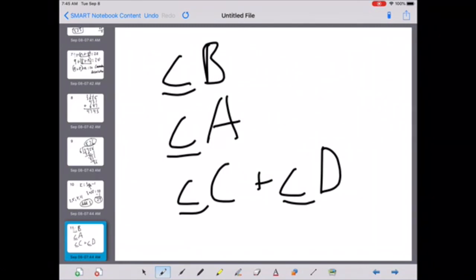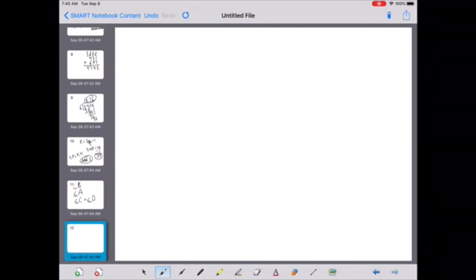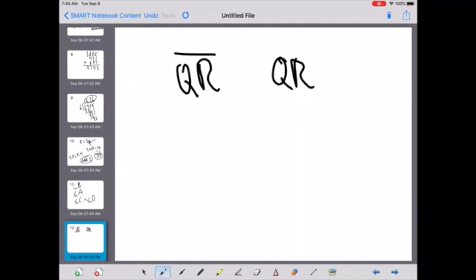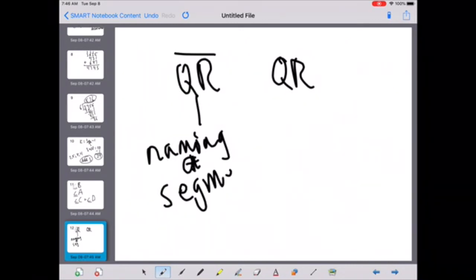And number 30, referring to the figure below, what is the difference in meaning between the notation QR with a line and QR? The difference is this is naming a segment. This is measuring.